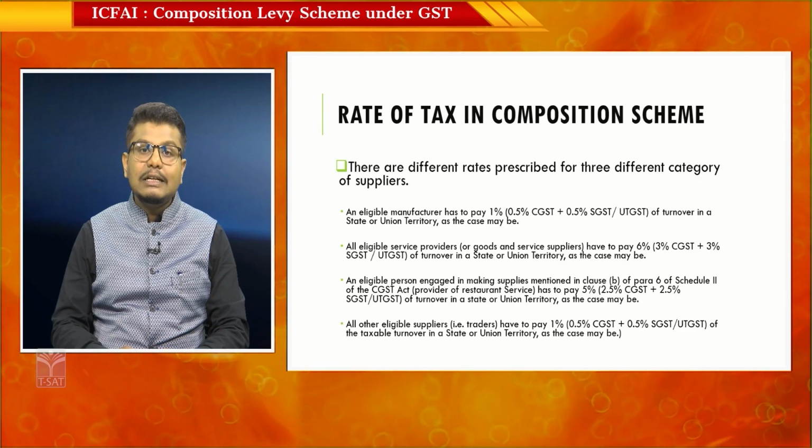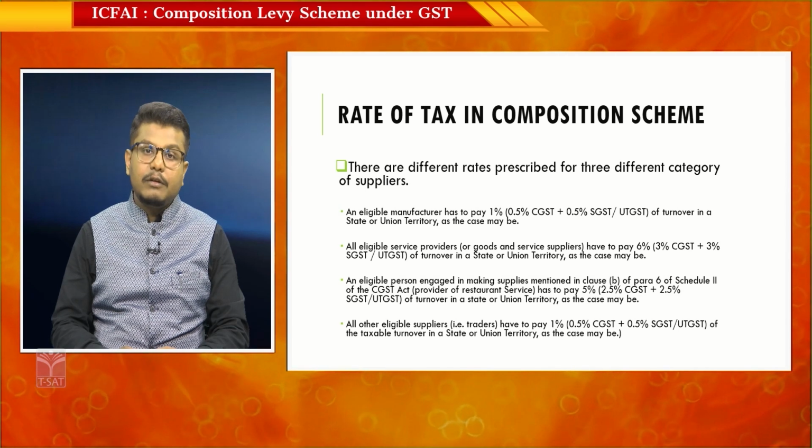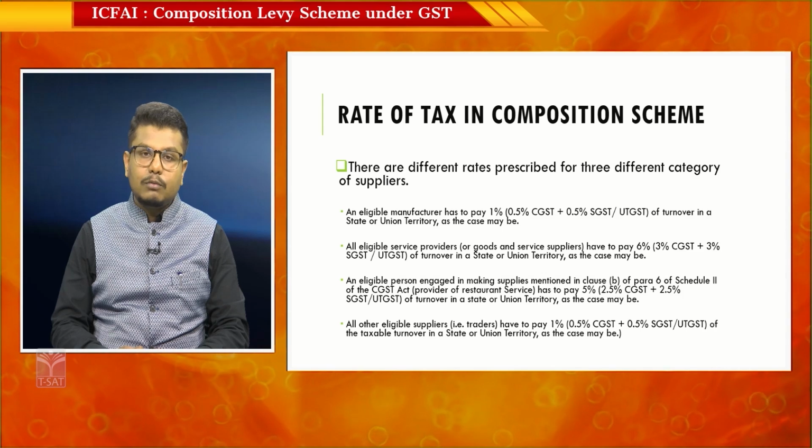Now talking about the rate of taxes. What will be the rate? As of now, whatever we have discussed, it is clear that composition levy is different from regular levy. And the difference is majorly with regard to the rate at which the tax is being imposed.